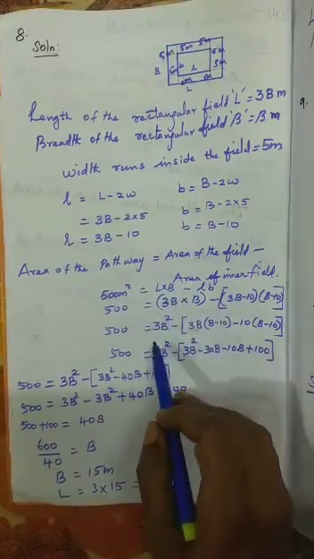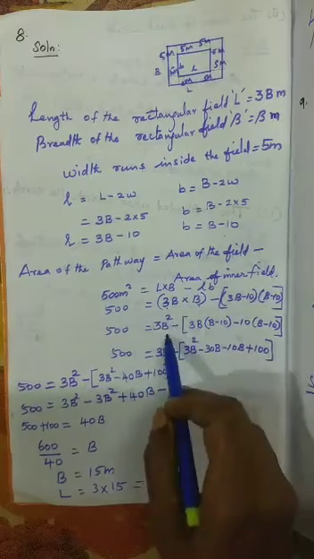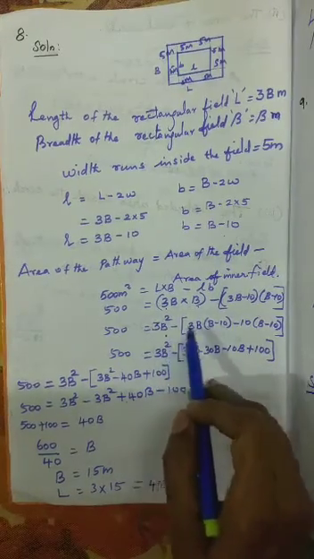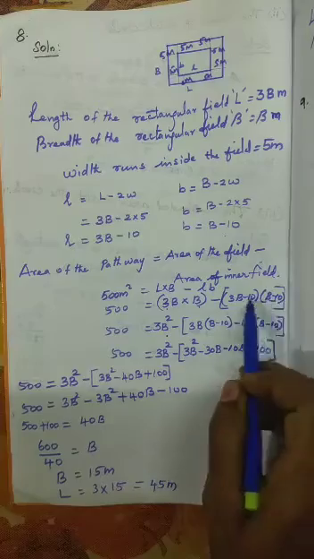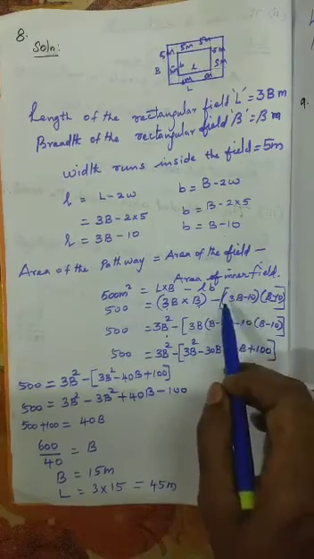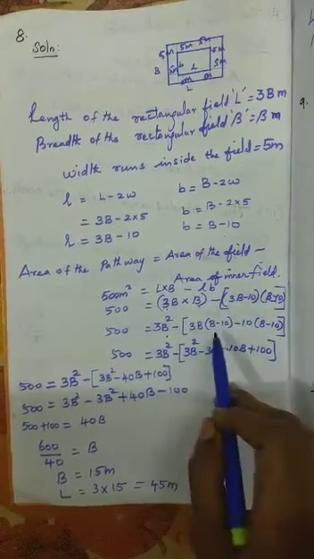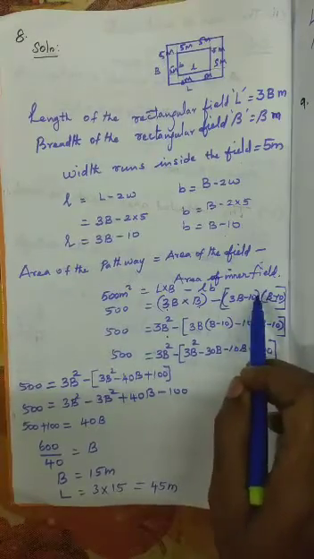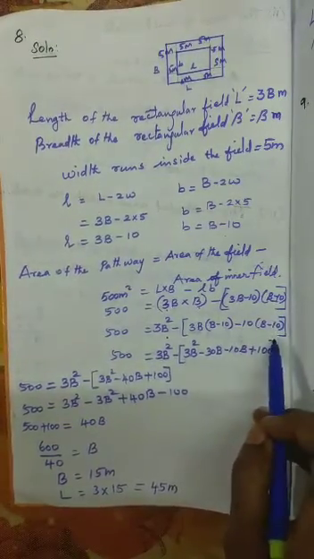So you keep this as 3b into b, which is 3b square, minus. You have to multiply these two. First you multiply 3b with b minus 10, then minus 10 with b minus 10.